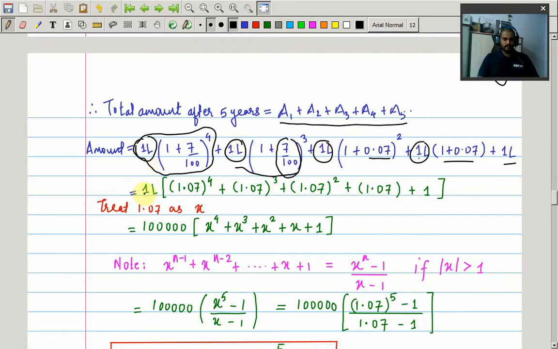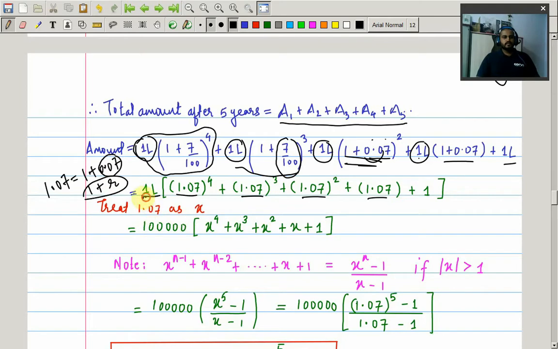I have taken 1 lakh common, and I am left with 1 plus 0.07, which is 1.07. Keep in mind that 1.07 is coming from 1 plus 0.07, which is 1 plus r. This is r, so this is 1 plus r. This will help in the end.